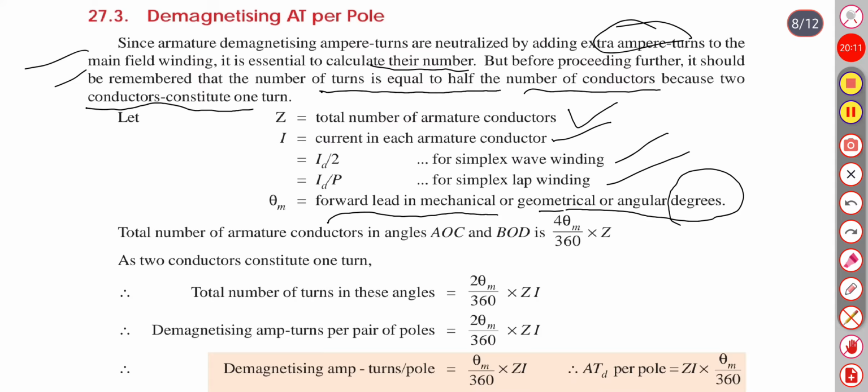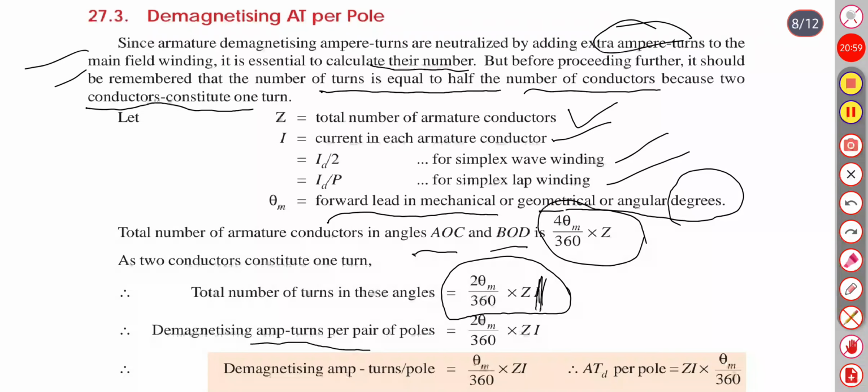Total number of armature conductors in angle AOC and BOD will be 4 theta m upon 360 multiplied by Z. As two conductors constitute one turn, the total number of turns in these angles will be 2 theta m by 360 into Z. To calculate the demagnetizing ampere turns, we have to multiply this by current I. These are the turns, and if we multiply by I, we get the ampere turns.